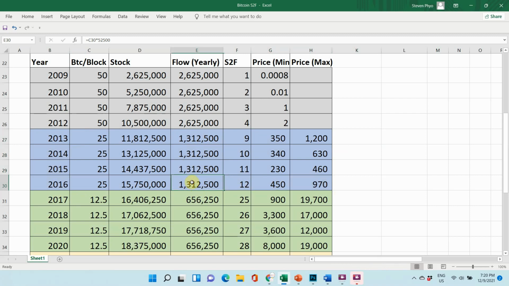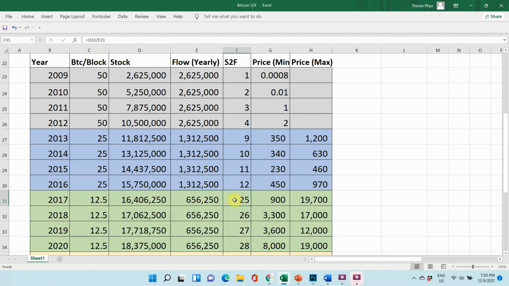In 2016, another Bitcoin halving occurred and yearly supply dropped to half of 1.3 million. So, starting from 2017, yearly supply becomes 0.6 million coins. In 2017, the total number of stocks is 16.4 million and yearly supply is 0.6 million coins.